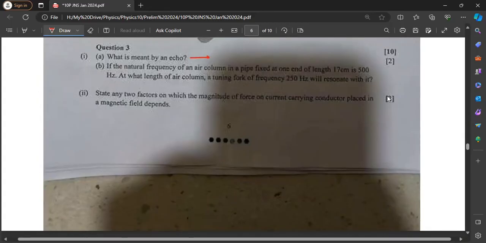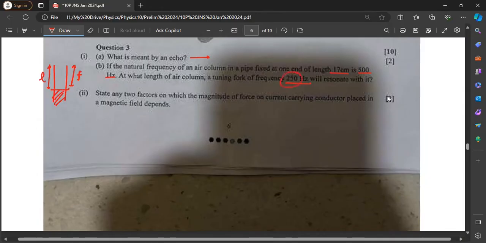If the natural frequency of the air column in a pipe fixed at one end, of length 17 centimeters, is 500 hertz, then what will it be for 250 hertz? You need to remember one logic: frequency depends on the length of the air column. We have discussed earlier that for a higher frequency, the air column is shorter.